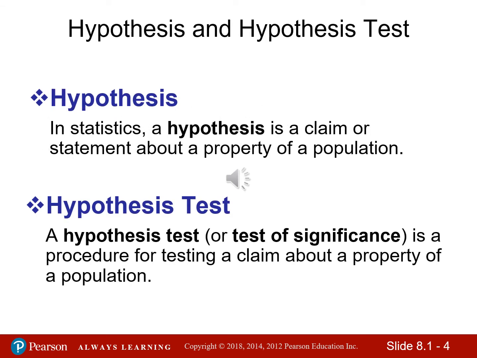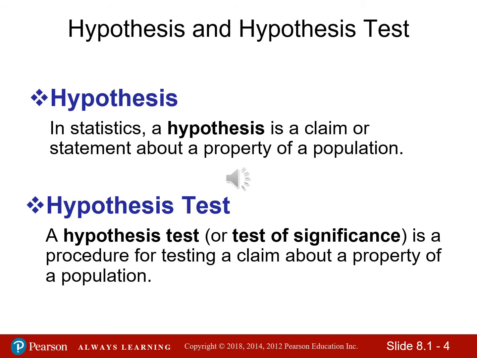In statistics, a hypothesis is a claim or a statement about a property of a population. A hypothesis test, or a test of significance, is a procedure for testing that claim about a property of a population. The property of a population is often the value of a population parameter.